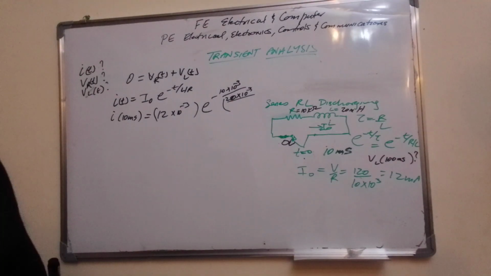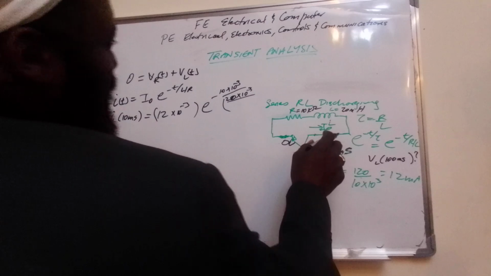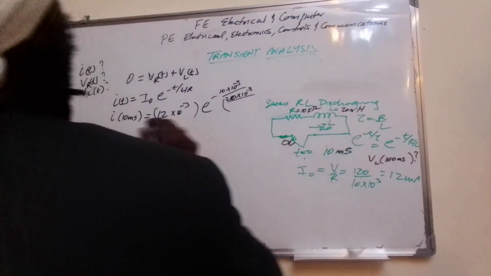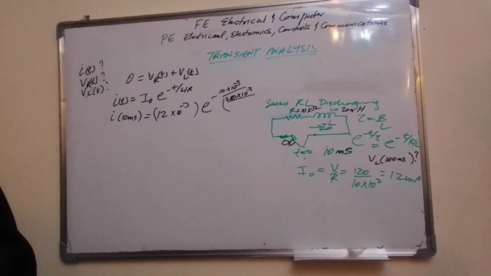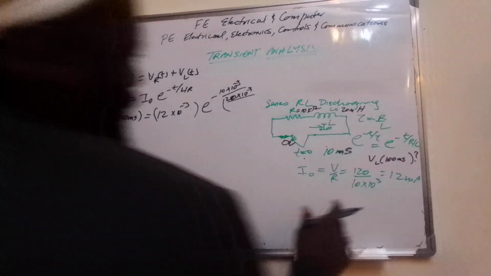Just hold on, let me see, tau equals R over L, right? Tau equals L over R. So L is 20 divided by R.